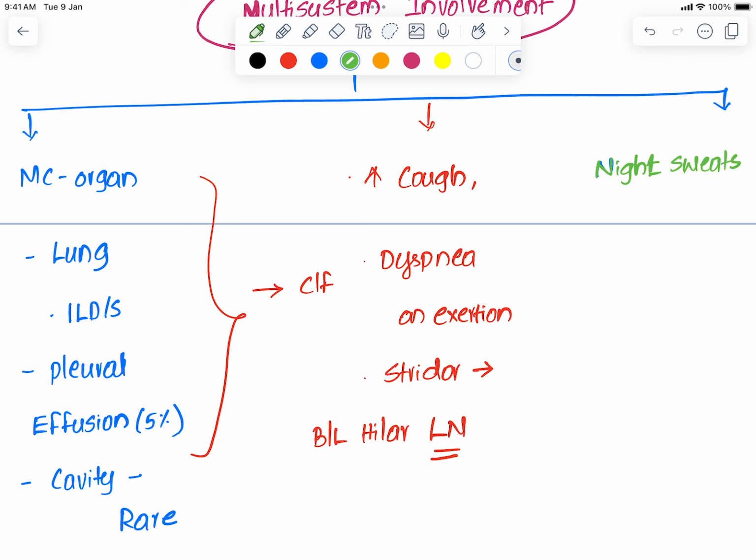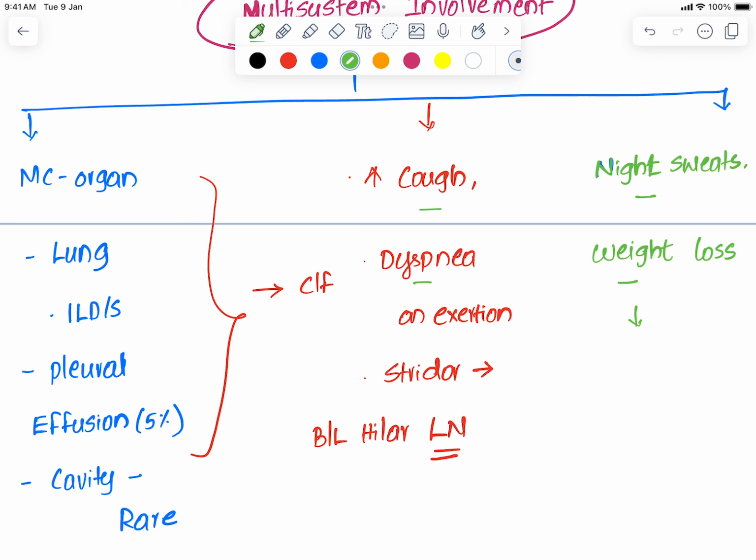Right, these patients also have night sweats, and they also develop weight loss. Now, with night sweats, weight loss, cough, and dyspnea, you may misdiagnose the condition as pulmonary tuberculosis.